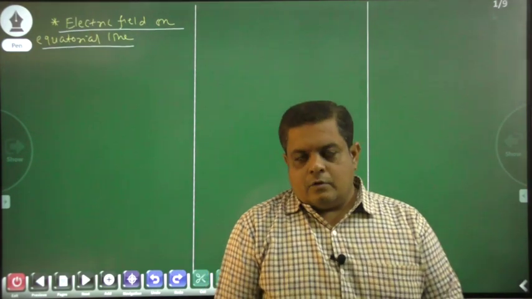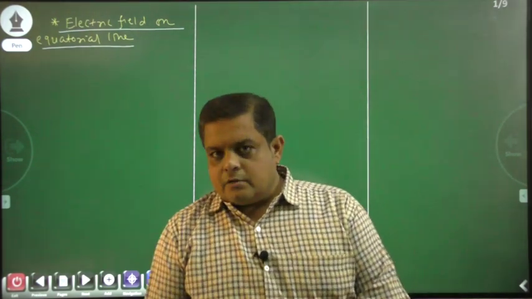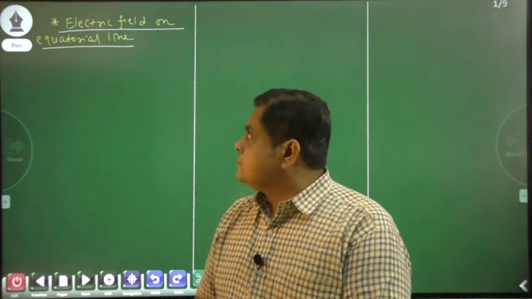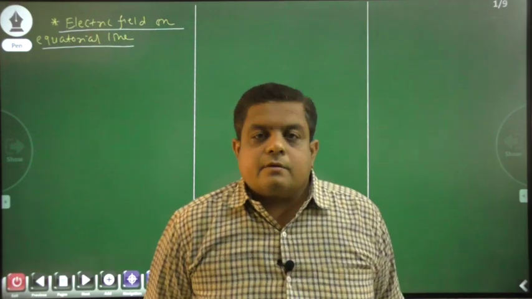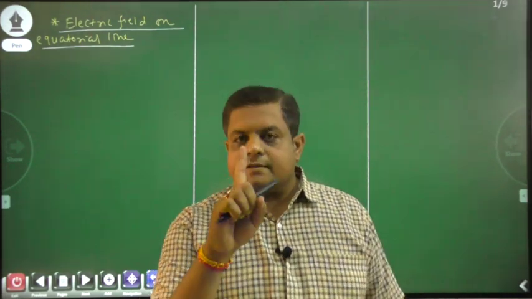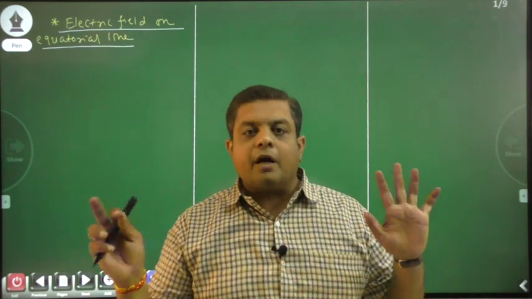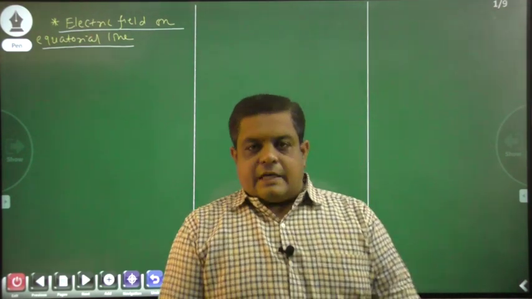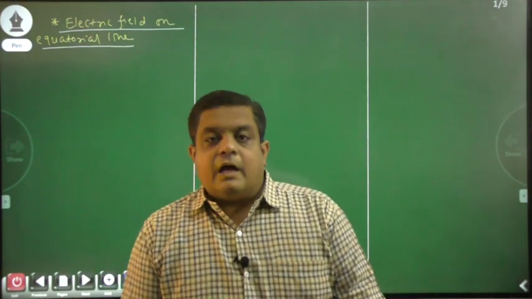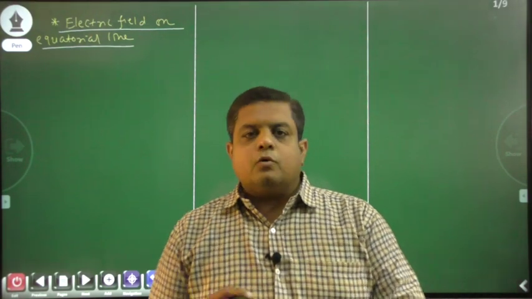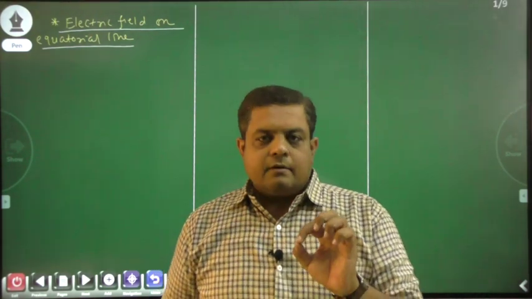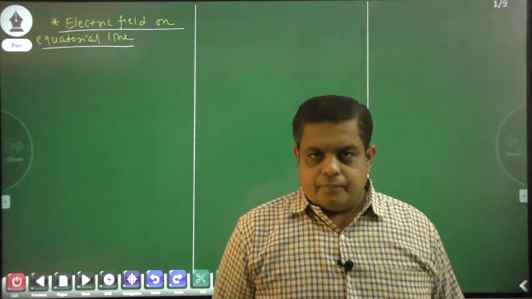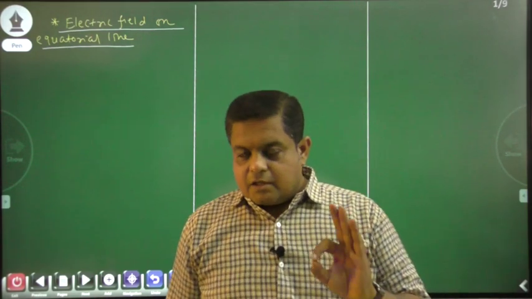Okay. Second important thing, please listen to me carefully. A dipole has only one axis, but it has infinite equatorial lines. If you think properly, you will realize a dipole has only one axis, but infinite equatorial lines.